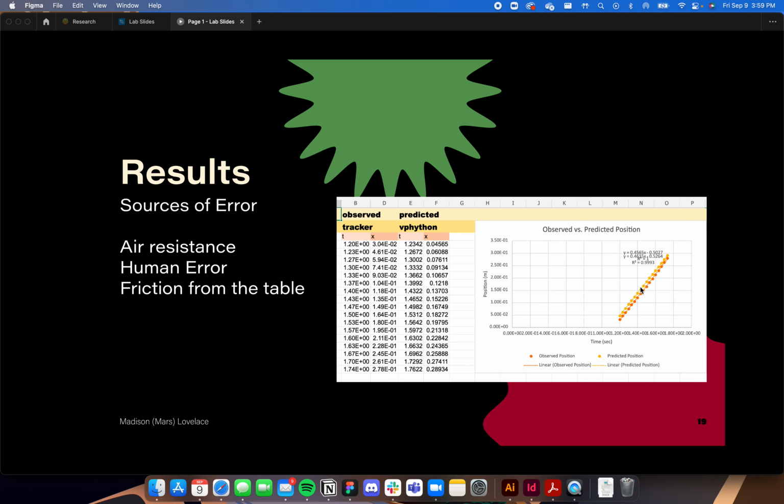You can see that the predicted position is this yellow dotted line and dots, and the observed is this orange one right underneath it. So the observed will be a little bit less because of air resistance, friction on the table, or human error. Whether or not I have the ability to make something move at an exact constant velocity is a challenge.